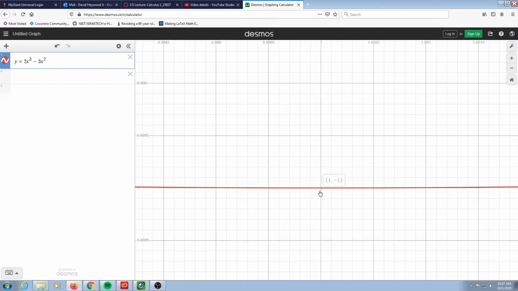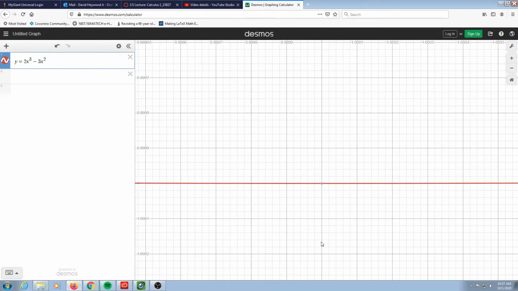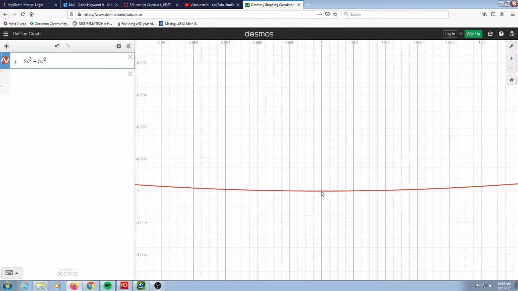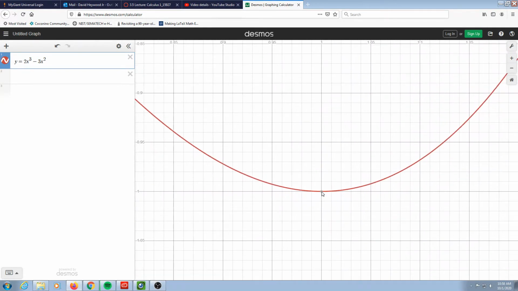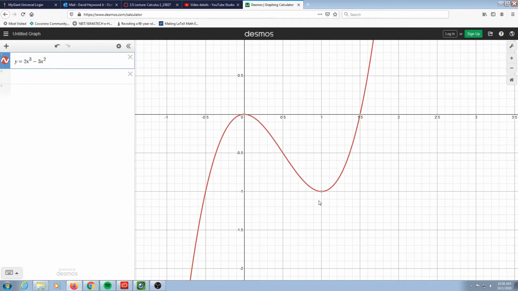It's practically a straight line at this point. Okay? And so that's true of any differentiable function. Well, it's true of any function where the function is differentiable at that particular point.